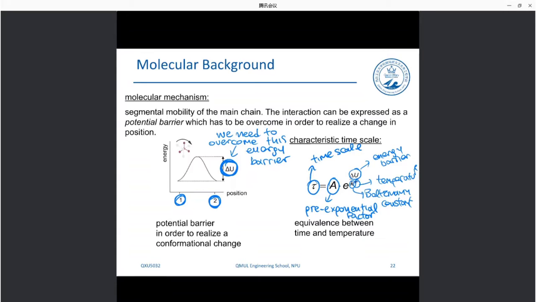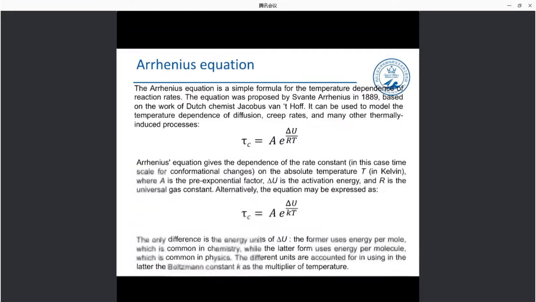Okay, so in order to observe this transition, the glass transition, in a characteristic time scale, we need to overcome this energy barrier, and it's given by this equation. This equation is called the Arrhenius equation, proposed by Svante Arrhenius.